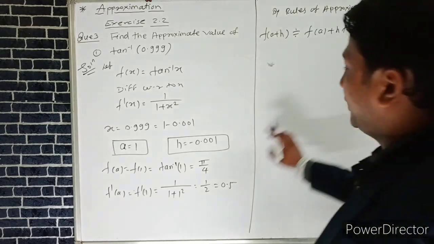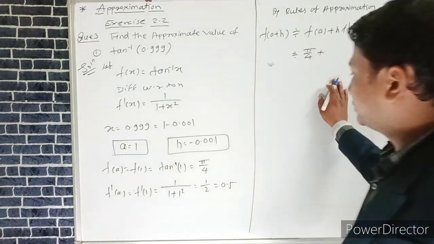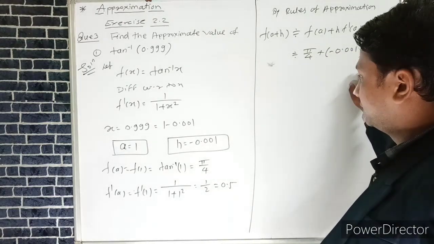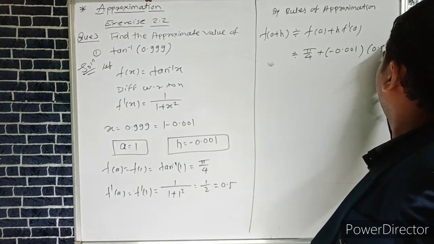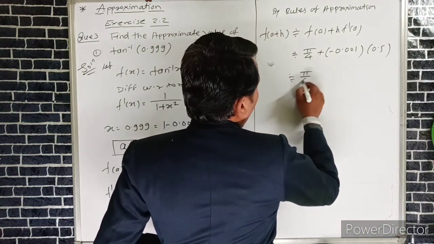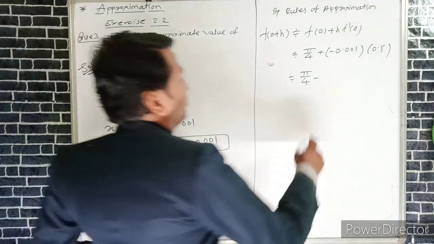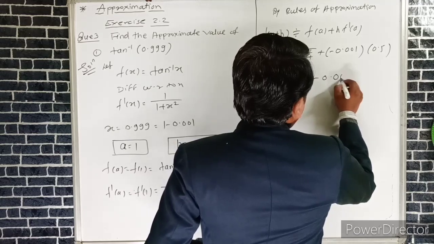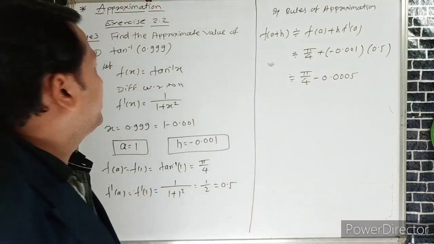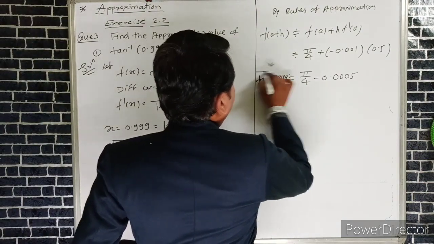So the value of f of a is pi by 4, plus h, which is minus 0.001, into 0.5. The product of minus 0.001 into 0.5 is minus 0.0005, which gives the required value of tan inverse of 0.999.